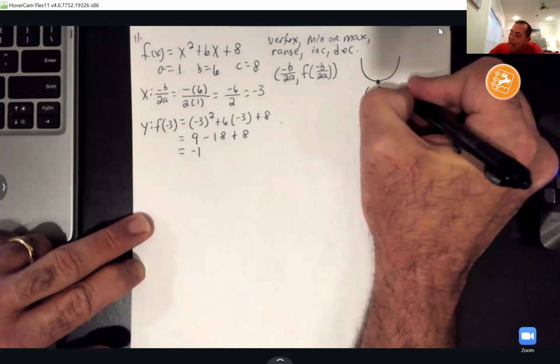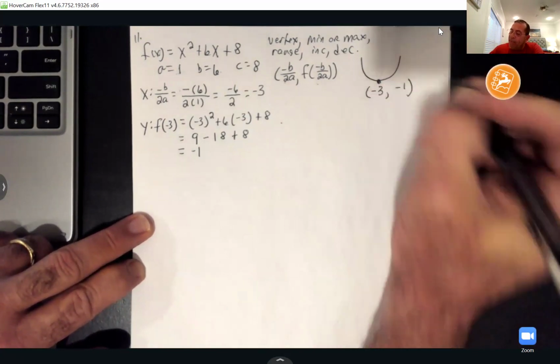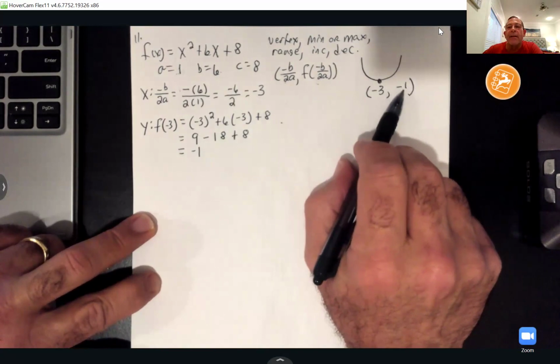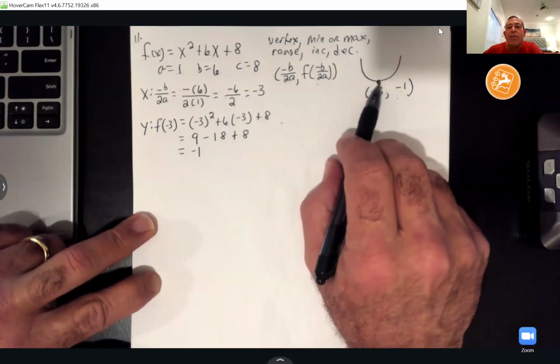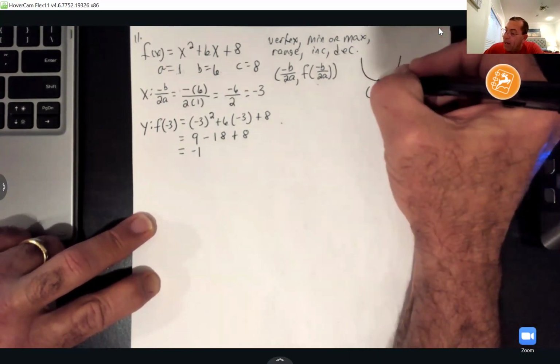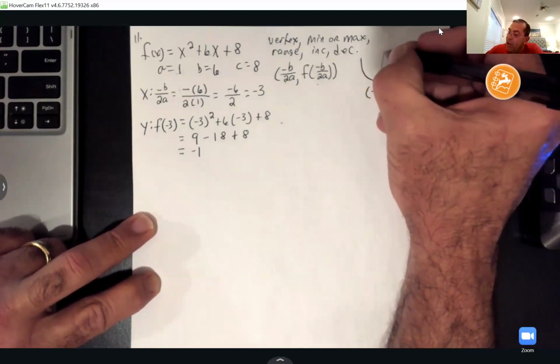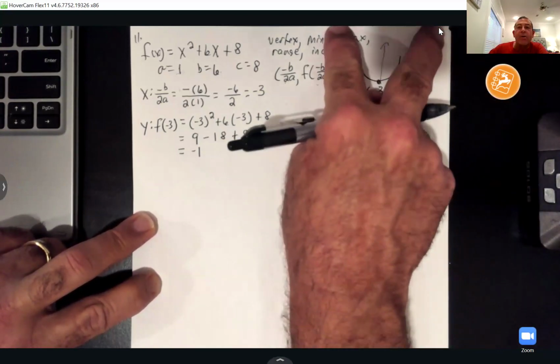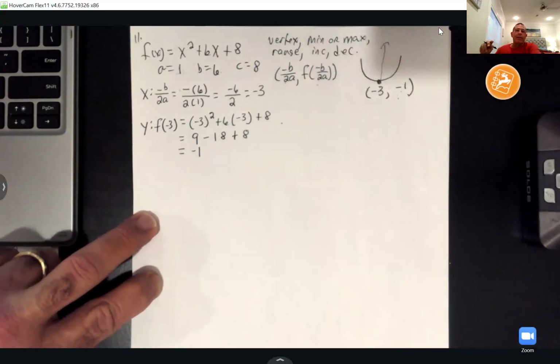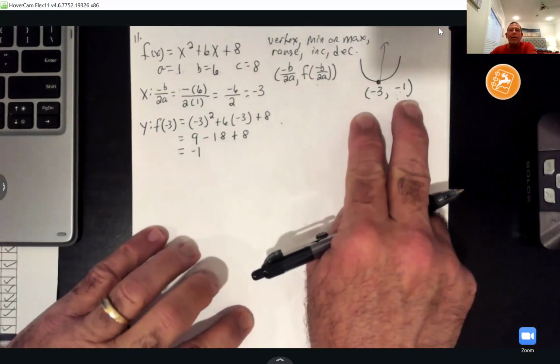So I know the y value is negative 1, which means negative 1 is going to be the smallest y value for the range. And then that range is going to go upwards because my graph goes upwards, okay? So we got pretty much what we need here.